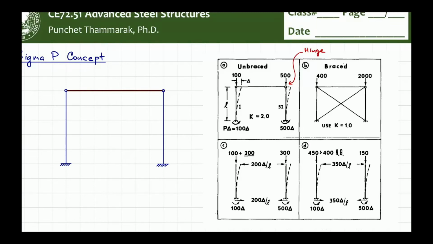And this frame was loaded, so 2 columns buckle simultaneously. What does that mean? The capacity of each individual column, first of all, the column on the left, the capacity equals the moment capacity. Okay, when we talk about buckling, then we just think about the capacity to resist the second order moment.